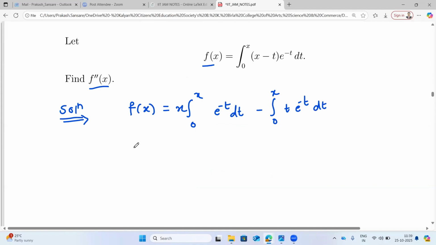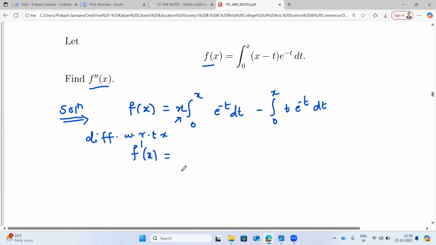And now you differentiate once. So this will be f dash x. Now differentiating with respect to x, that's very important. Here I have x, and the output of this integral is basically a function of x, so I have to use the product rule.